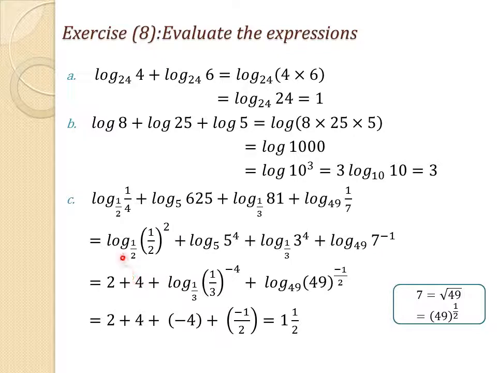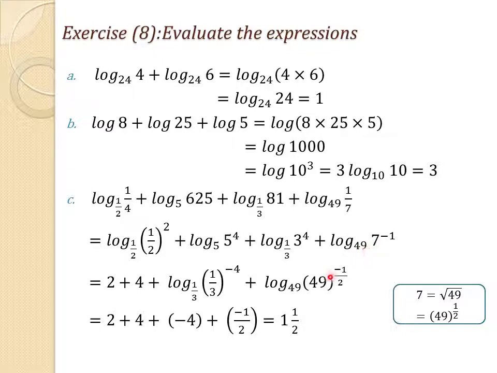Now look at the first term. This is 2 times this value, which is 1, so this is 2, plus 4 multiplied by this value, which is 1, so this is 4, plus come here and make this 3 into 1/3 and make the power negative. So the value of log base 1/3 of 1/3 is 1, multiplied by negative 4, plus 7 to the power negative 1 with 49.